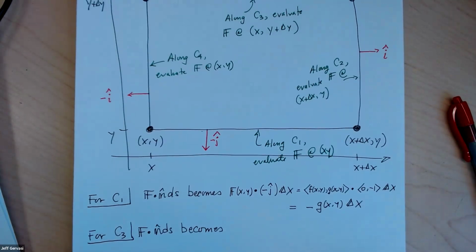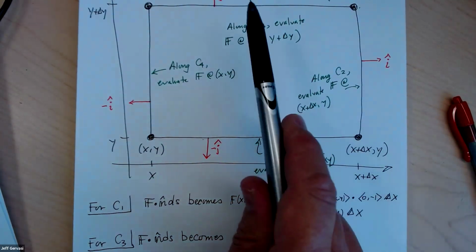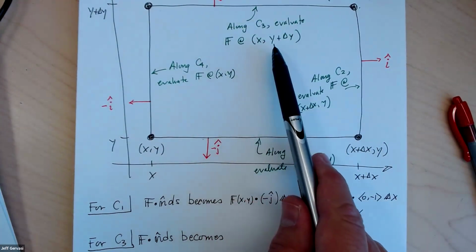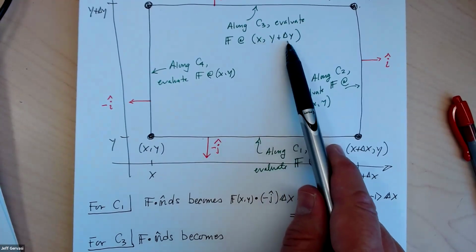Now again, remember, let me move this down a little bit. Along the top horizontal line, I'm going to evaluate my vector field at the left corner, x, y plus delta y.